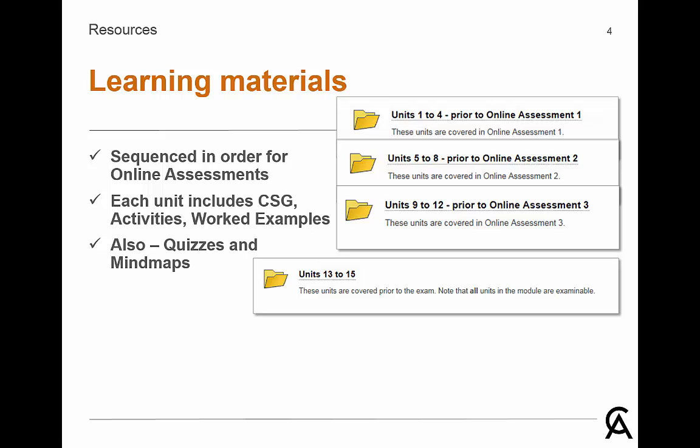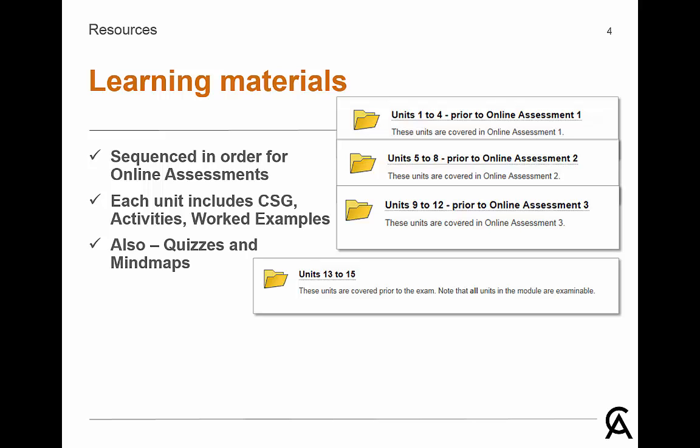Each unit includes a CSG, which you already should have a copy of sent to you, the activities, both the scenarios and then separately the solutions, and the worked examples, which appear as a question and the solution as one document.